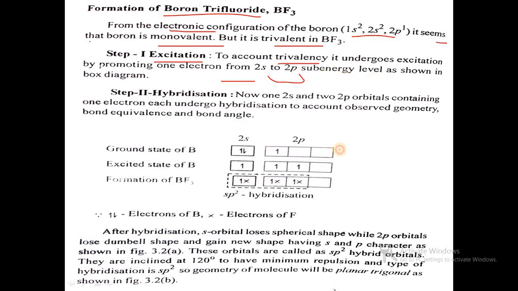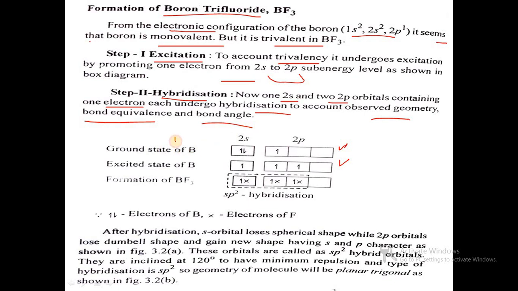So this is the excitation process, and the second process is hybridization. The 2s and 2p orbitals containing one electron each undergo hybridization to account for the observed geometry, bond equivalence and bond angle.